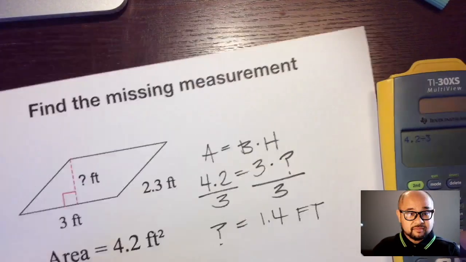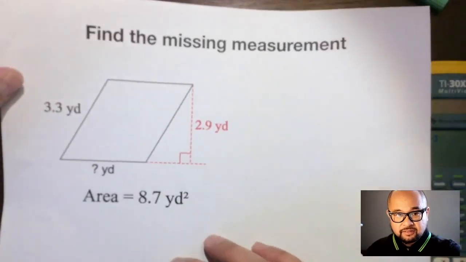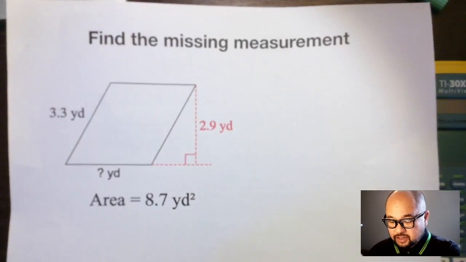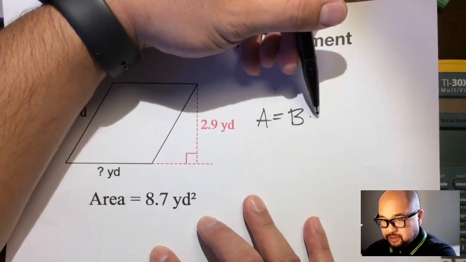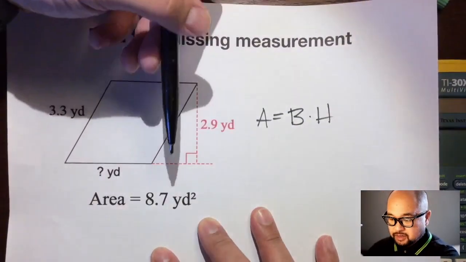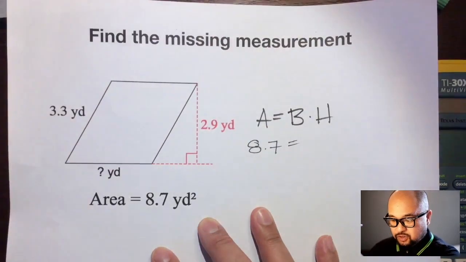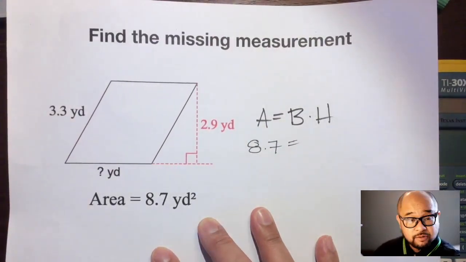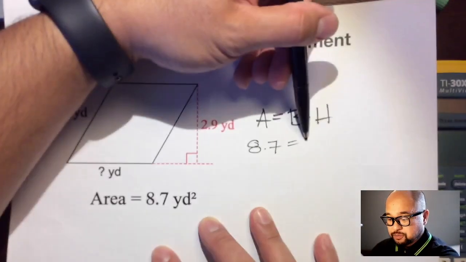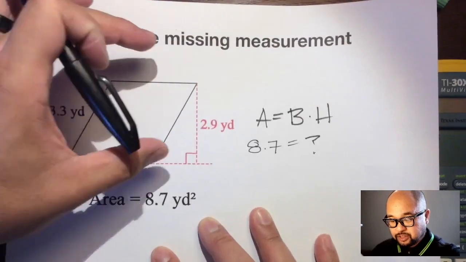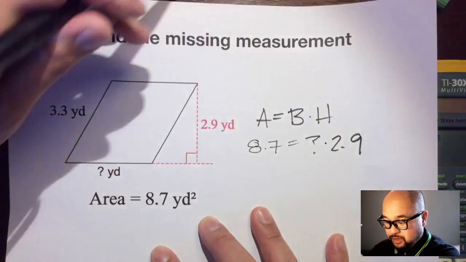That's it. And then the last example for parallelograms. Find the missing measurement. So again, area is equal to base times height. We'll substitute some numbers. A is 8.7 is equal to, okay, so now which ones are base and the height? Which two sides are perpendicular? Well, we have question mark is perpendicular to this 2.9. So question mark times 2.9.